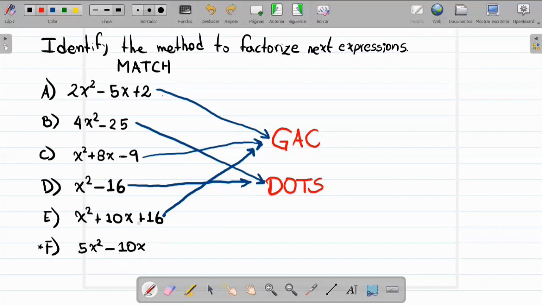The same with the square root of 10x and something else. If you see, the 10 has the variable x, but it doesn't happen the same as in the other two exercises we identified as difference of two squares. So what's the method that works for this exercise? The method that works here is the greatest common factor, okay? And this is something I need you to keep in mind because it's very important.